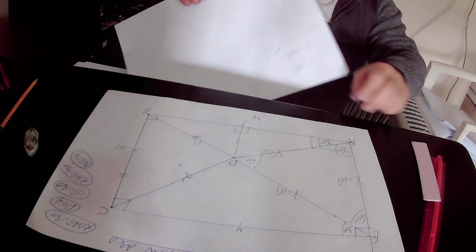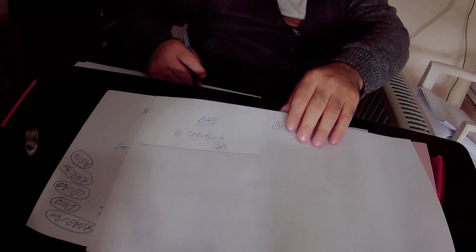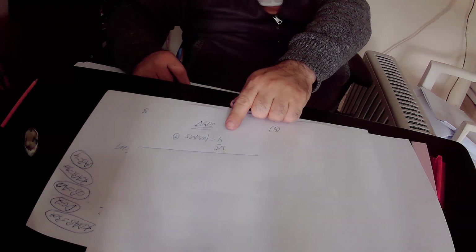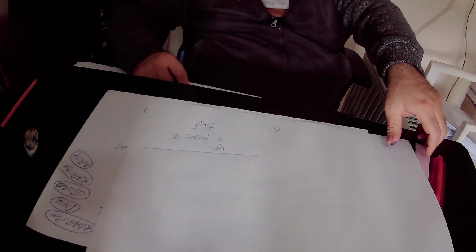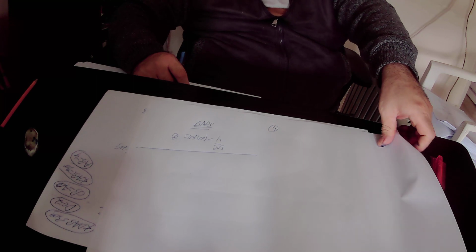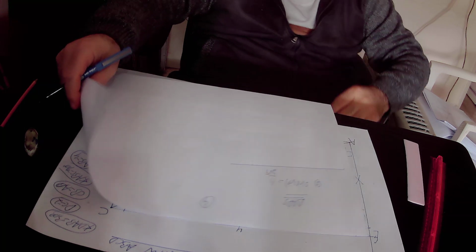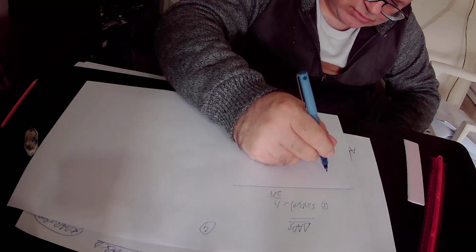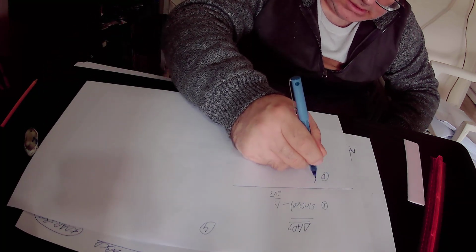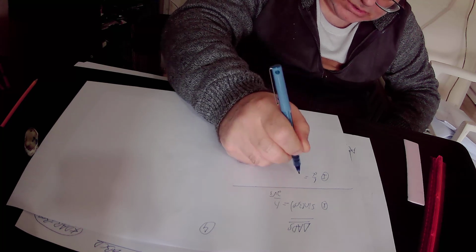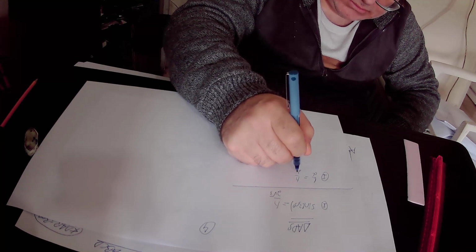Sine 30 degrees is 1 over 2, so I write it down. According to equation number 1, 1 over 2 equals H over 2 times square root of 3.